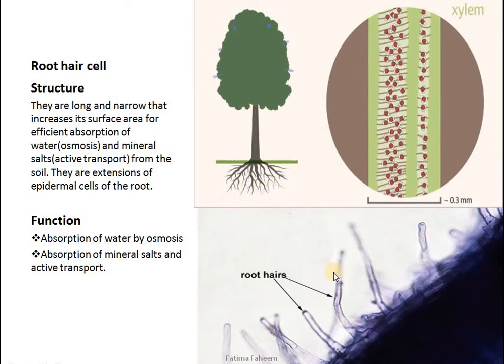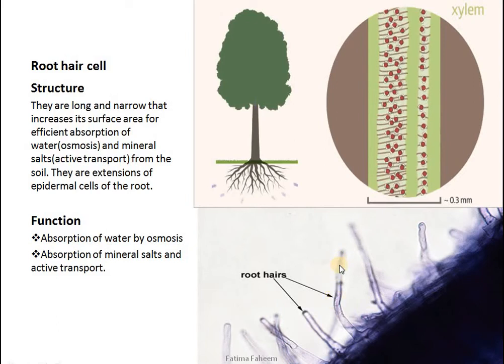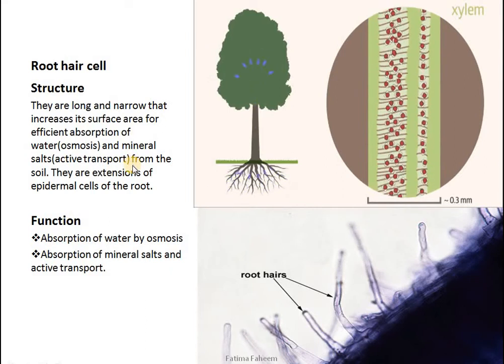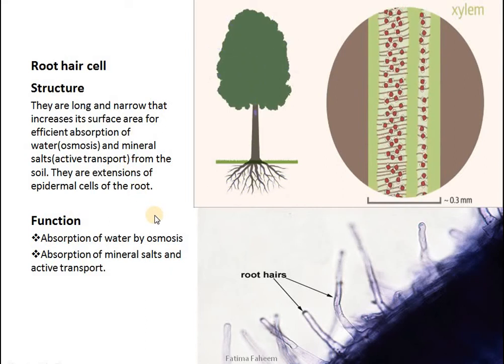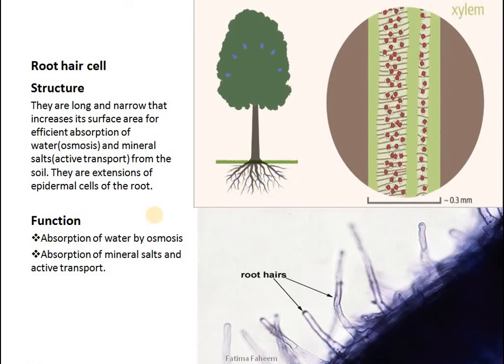The more the surface area, the more the absorption of water and mineral ions. I have given you the functions and structure of the root hair cell. Now we will see how water is taken up by these root hair cells and how it is transported to the xylem vessel.